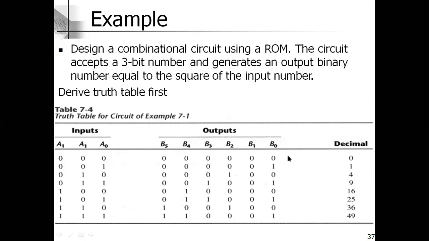And here we have to give some values, where the binary value is equivalent to its decimal value. From this truth table, you have to construct the combinational circuit.